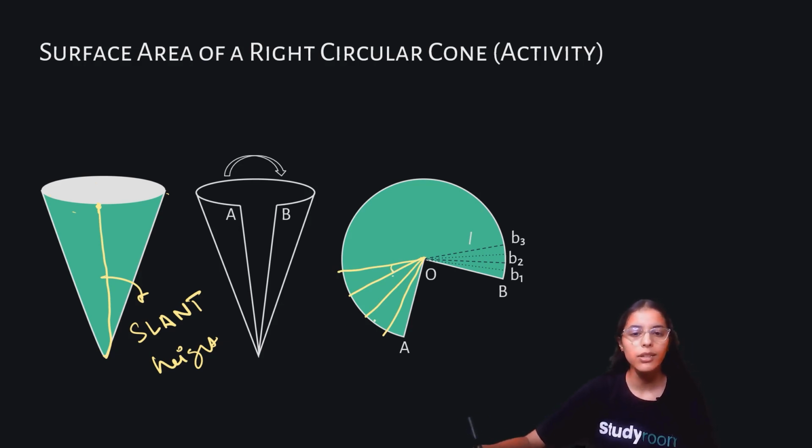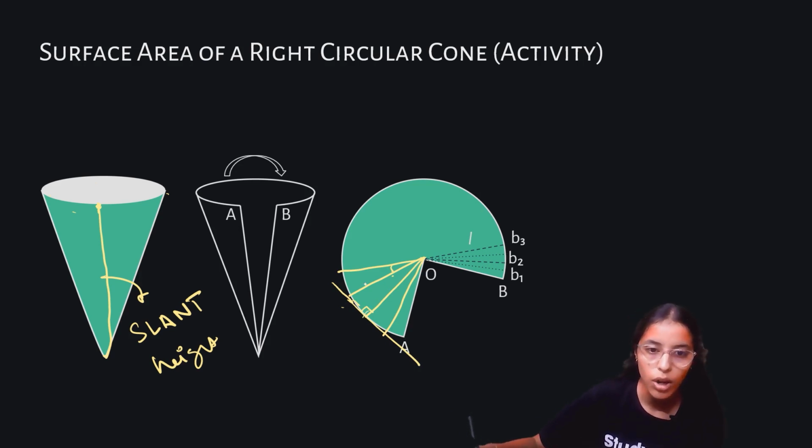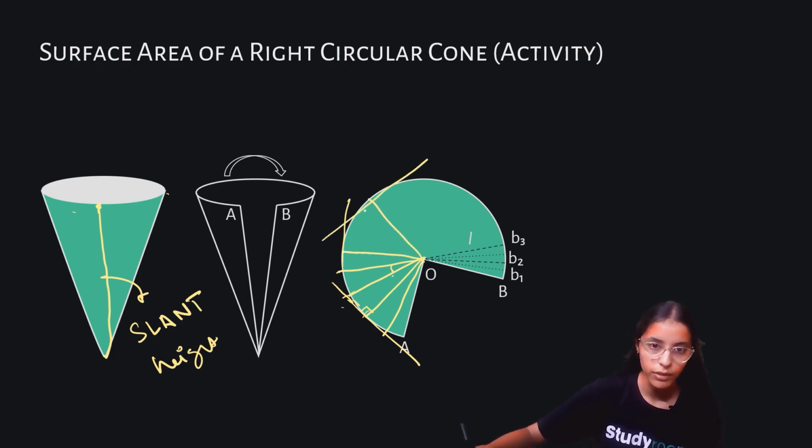We can cut it as small as we want, and it is forming a right angle triangle, because you must be knowing what a tangent is. Whenever we draw a tangent, the radius always makes 90 degrees with it, at the points on the perimeter, at the boundary of the circle.